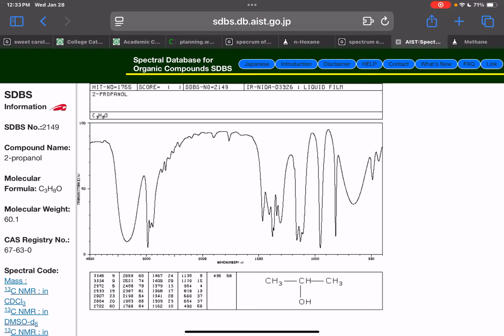And again, I'm going to send you out a correlation table. Now, you're not going to be able to pick out every single signal. That's not what we're trying to do here. We're just trying to find out which signals are characteristic of a certain functional group, because that's our first step in identifying what compound we have. All the other stuff, well, we'll deal with that later on.